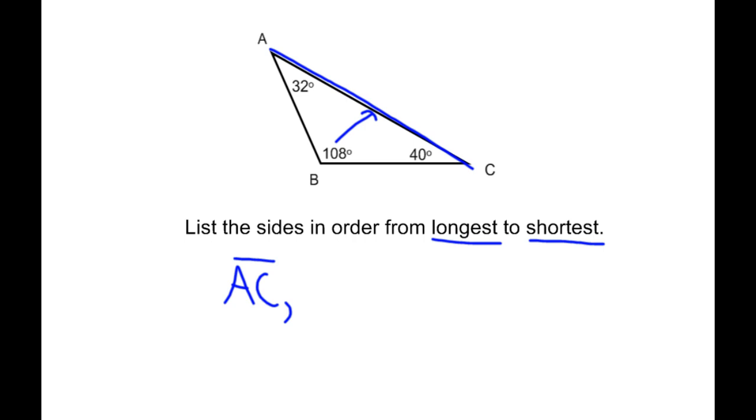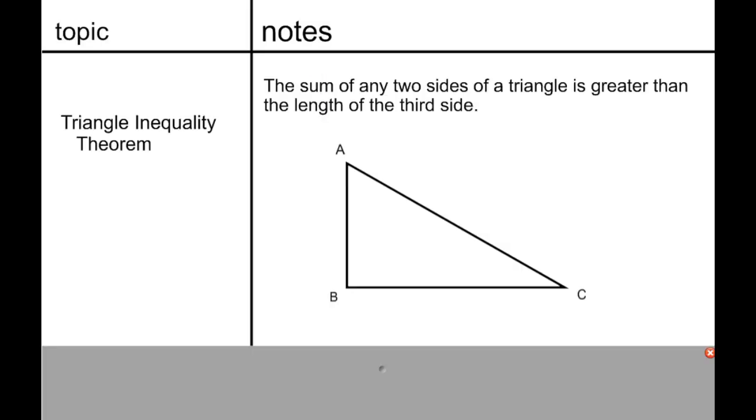The middle side is going to be across the middle angle. So across from 40 here, we're going to have AB. And then our shortest side is going to be across from our shortest angle, so BC. If that was too quick, go ahead and pause, rewind, rewatch that. And it works the same way if I have side lengths to find the smallest and biggest angles. Again, if I'm going too fast, make sure you pause, rewind, watch whatever you need to over again.